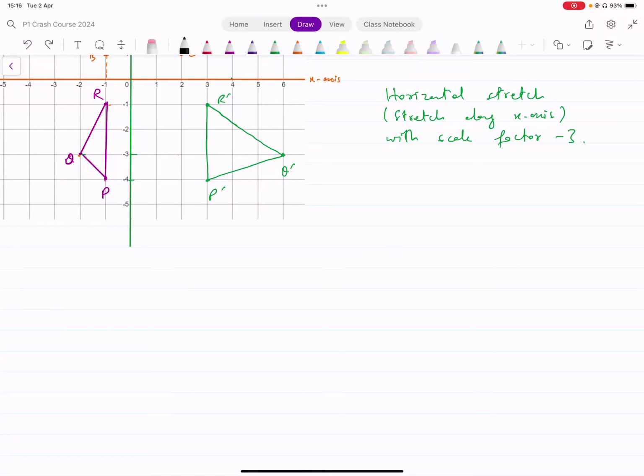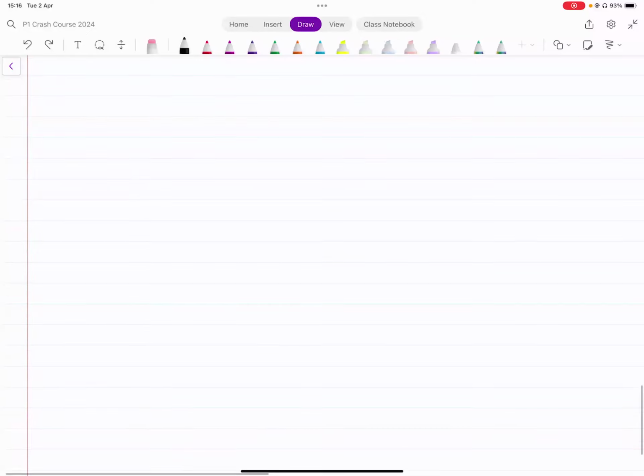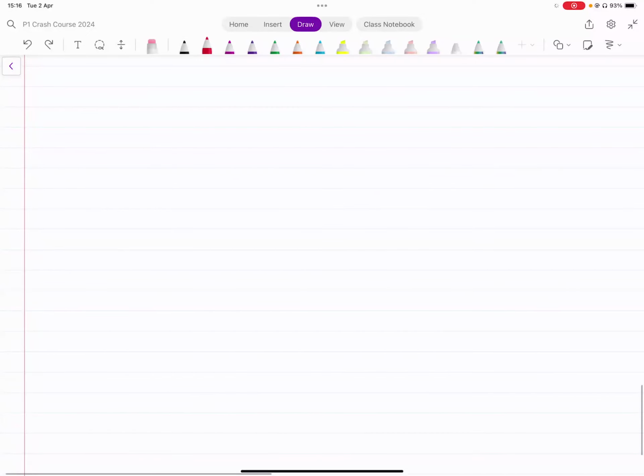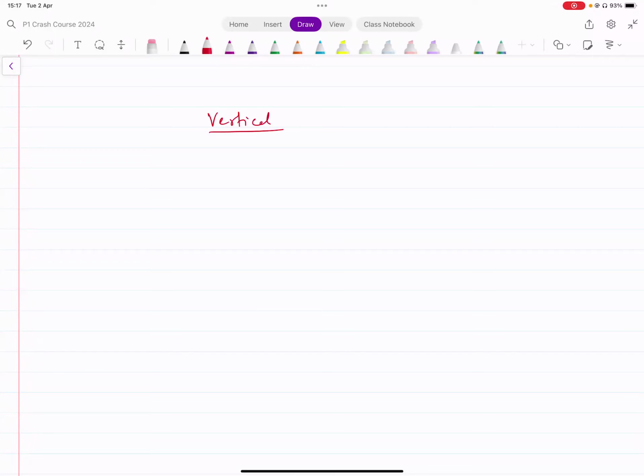So these are the 6 transformations that you need to know about. Let me summarize all of them now. So there are 6 transformations in total that you have to know about. You have some transformations that are vertical. You have some that are horizontal. And you have reflection, and you have translation.